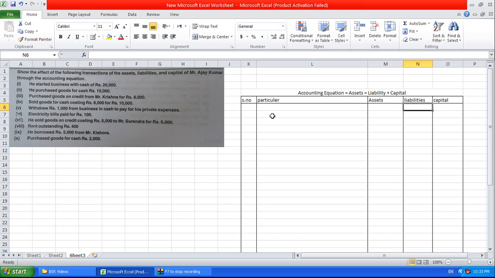How will it affect? For example, see, the first entry: Mr. Ajay Kumar started business with cash of rupees 20,000. Means Mr. Ajay Kumar started business with cash.